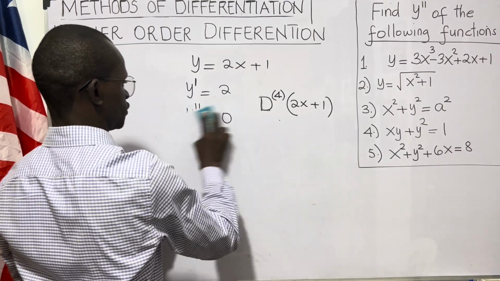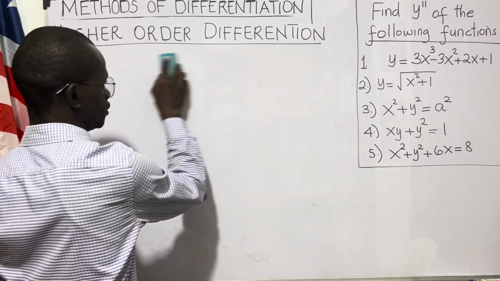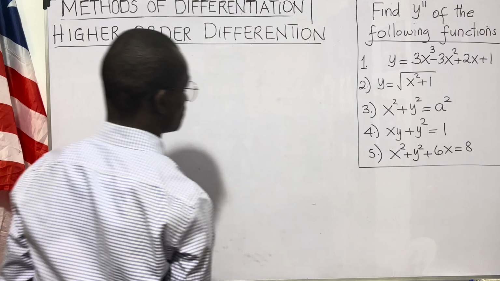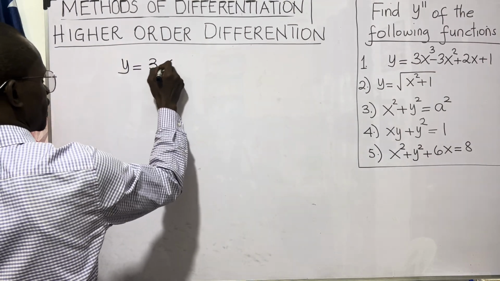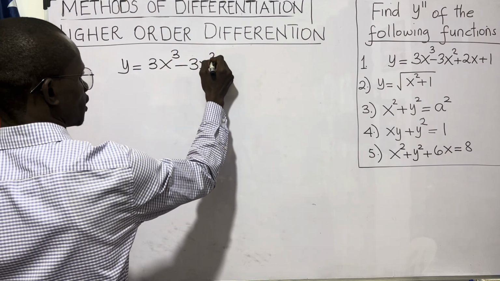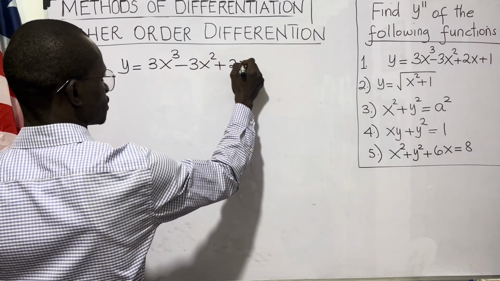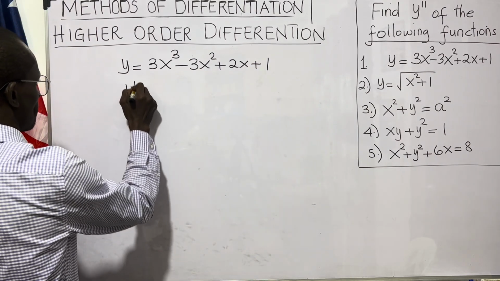Okay. So we solve the first problem. The first problem says y equals 3x cubed minus 3x squared plus 2x plus 1. So y prime.